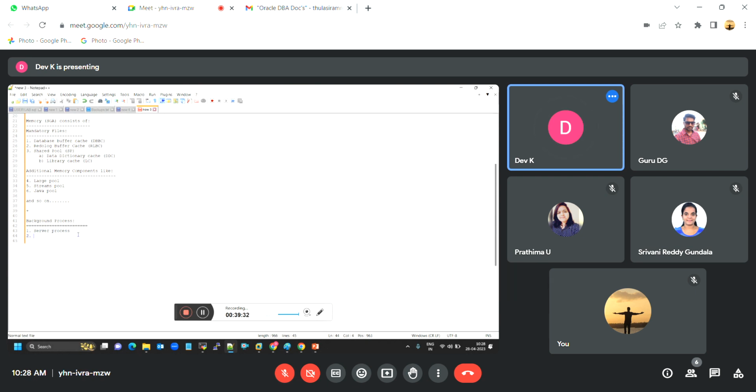The second one is SMON, which we call system monitor. Third one is PMON, process monitor. I'll divide these into mandatory and additional.